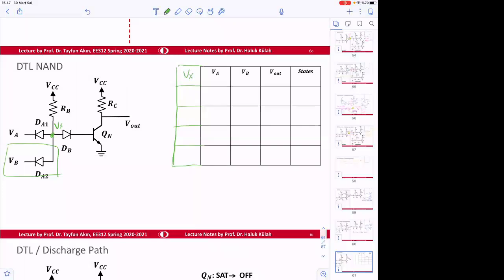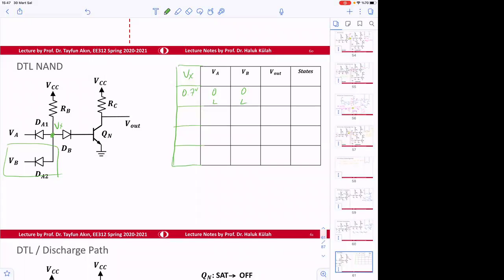So VA can be put at 0.0 volt or 0.2 volt. Let's say that we apply 0 volts here, that means a low voltage. VB, we can apply low voltage also. So if both of the voltages are low, Vx is going to be 0.7 volt.